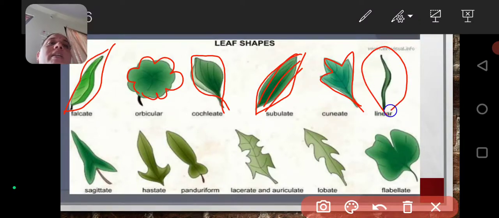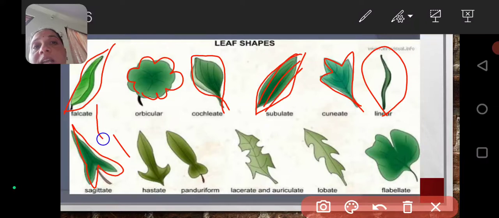This is a linear leaf, already you know that. And this is another important leaf shape, that is sagittate. The sagittate leaf is like this. Okay, this is not cordate. This is different from cordate. Cordate leaf is like this. Obcordate leaf is like this. But here there are edges, so sharp ends are there.